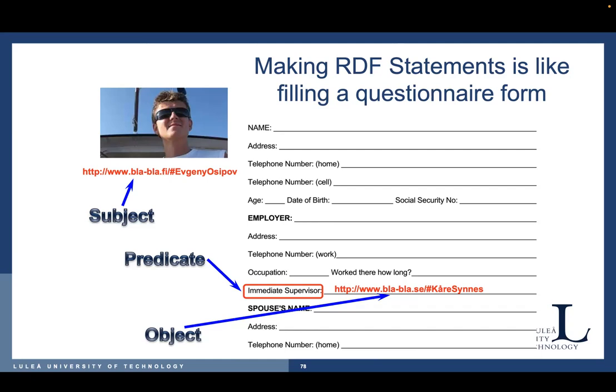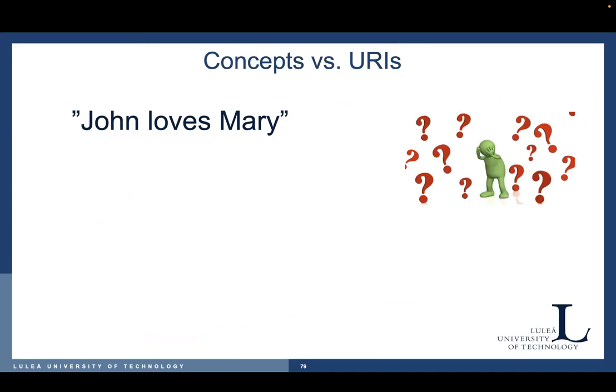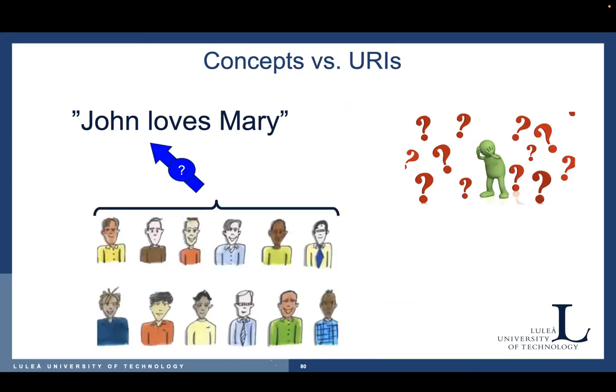And in this way we describe all possible relationships. We turn a simple digital information resource into more of a knowledge representation, which you can navigate and discover different things. But to do that, we need to adopt this thinking. We need to link each and every concept to identifiers.